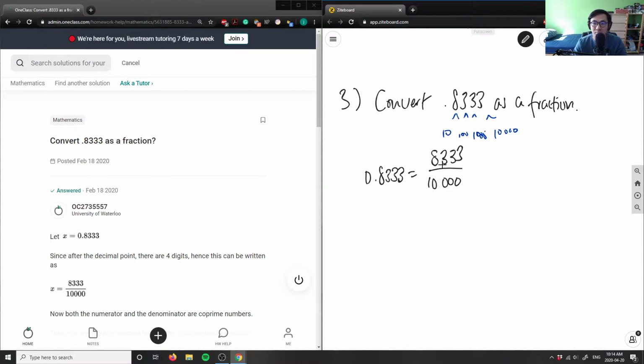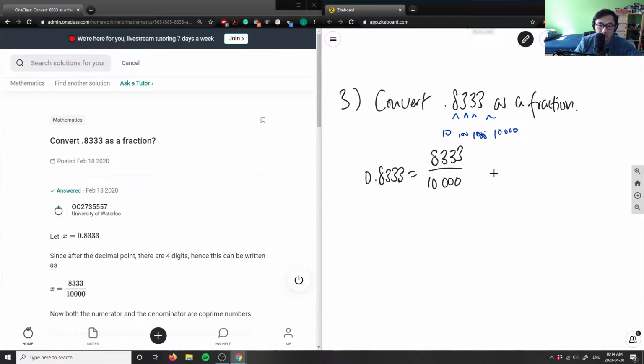And what we can do with this fraction here, we have 8,333, which I'm not sure if that's a prime number. Let me check. 8 plus 3 is 11, plus 3 is 14, plus 3 is 17. Yeah, I'm pretty sure this is a prime number. So I can't divide. There's nothing I can divide between these two numbers to simplify or reduce this fraction.